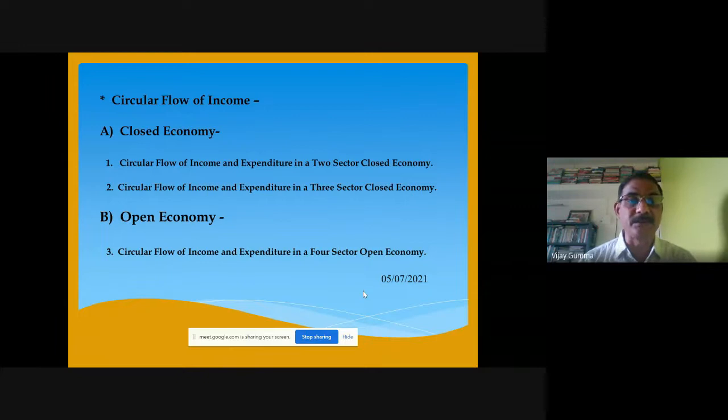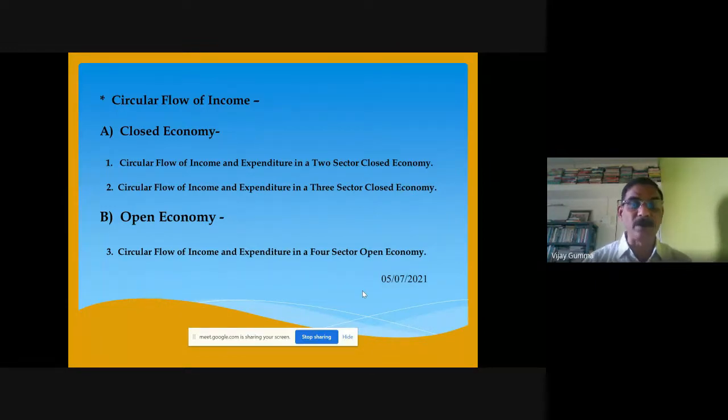Let us first study the circular flow of income and expenditure in a two-sector closed economy. Circular flow of income and expenditure explains the process how national income and expenditure generate in an economy.